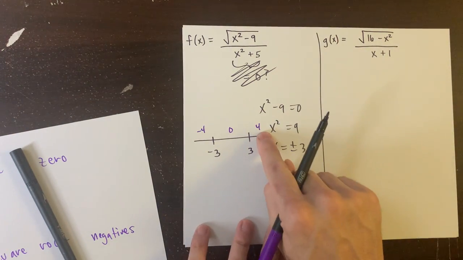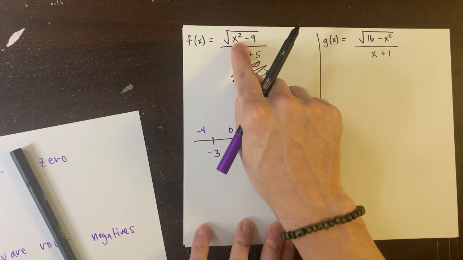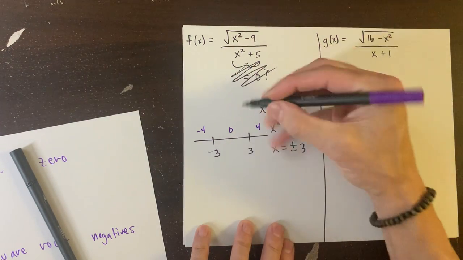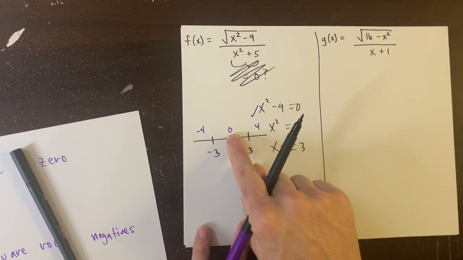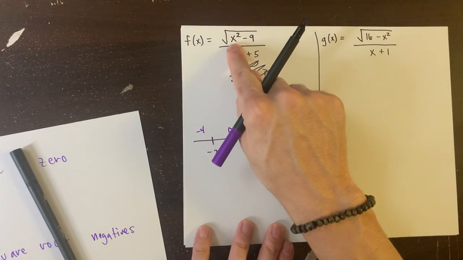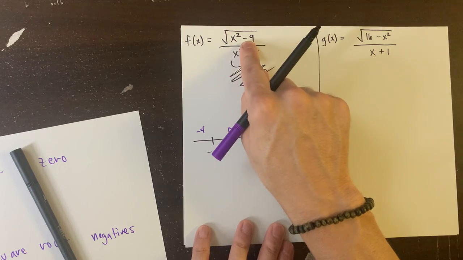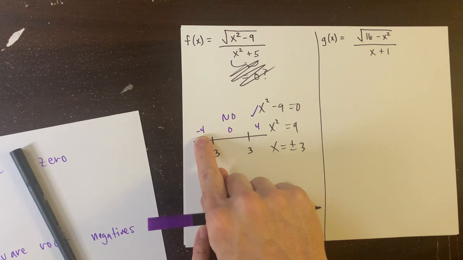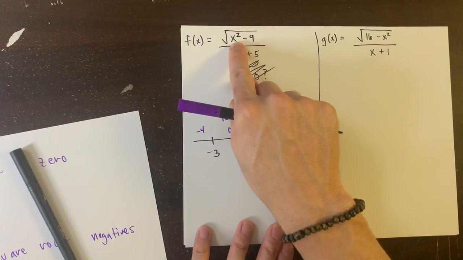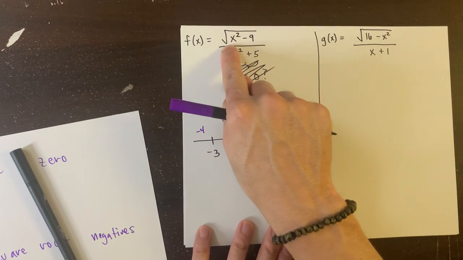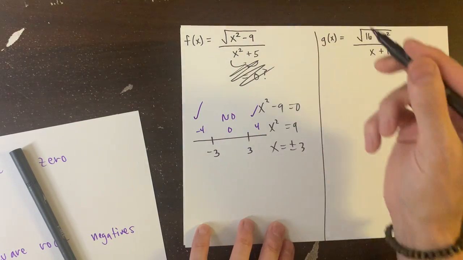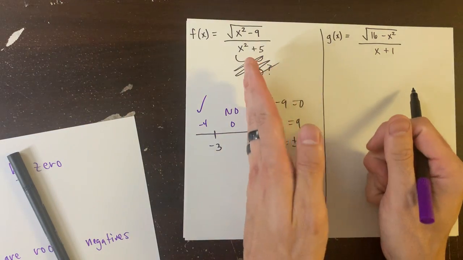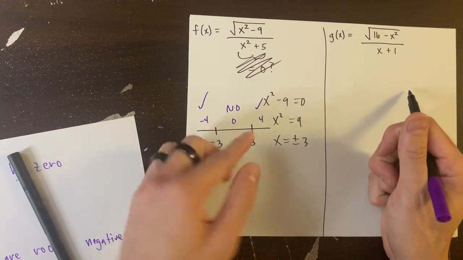For instance, can I plug in 4 into here? Yeah, because that'd be 16 minus 9 is 7. Square root of 7 is okay. Can I use 0? No, because if I plug in 0 there, 0 squared is 0 minus 9. That's negative, and that's bad. Can I use negative 4? Sure, because if I square negative 4, it's 16 minus 9 is 7, and I can square root a positive 7 safely. So for that reason, everything here is good, everything there is good, and everything in between is bad.